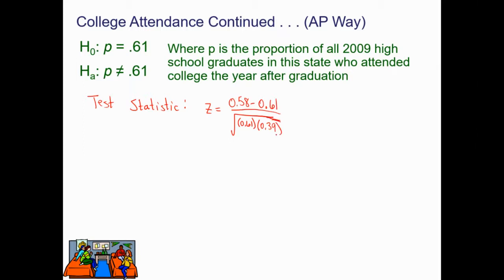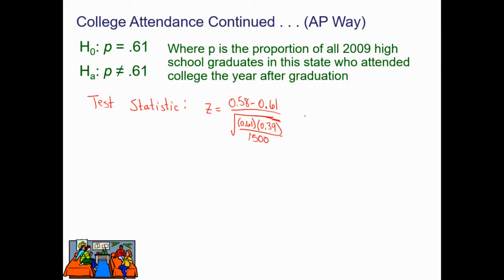The reason I made a big deal of saying P is because on the test, a lot of y'all would try to do P hat right there. So down here on the bottom, y'all do P hat and then 1 minus P hat, and that's not right. Make sure you do P and 1 minus P. And then what was our N? 1500.